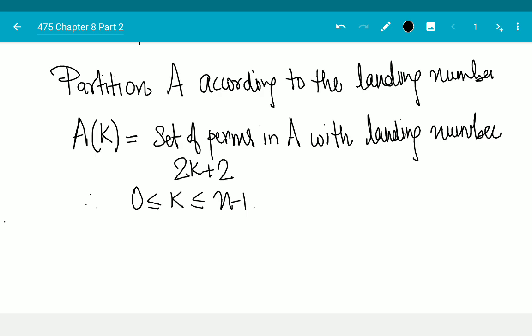Notice that every element of A has to have some landing number. At least it is going to be 2n because that is where it hits back. And everything has exactly one unique landing number.